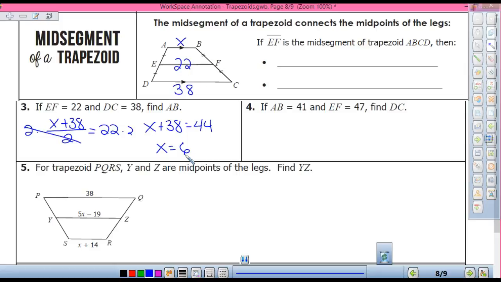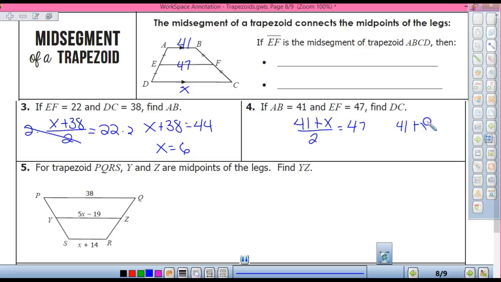Okay, same thing over here. Except this time we know AB, so 41, 47, and X down here. So how are we going to set it up? 41 plus X divided by 2 equals 47.